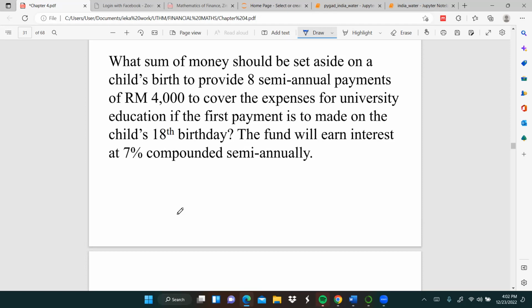And then total N dia adalah sebanyak 8. Okay, so maksudnya dia start bayar pada umur 18 tahun. And then kita nak tengok berapa yang dia perlu ada untuk jumlah tersebut.